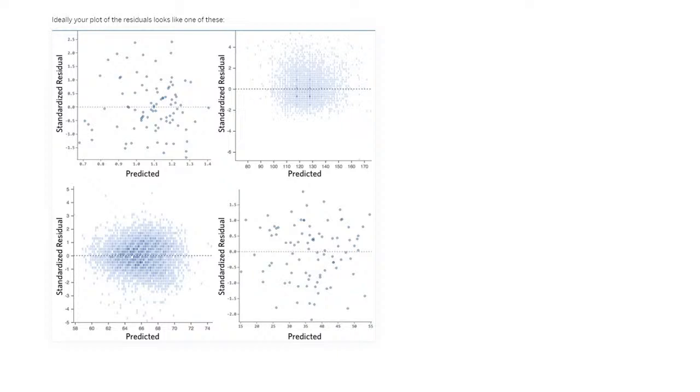So this is the second class of regression analysis. We know linear regression depends on some assumptions. One, that is linearity.